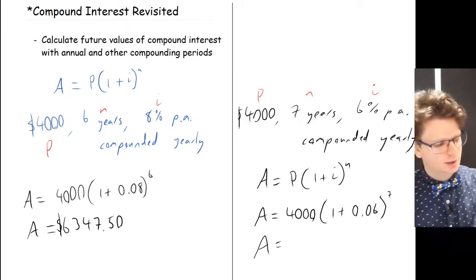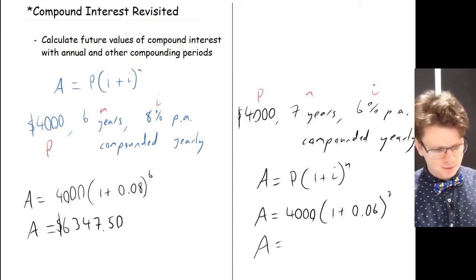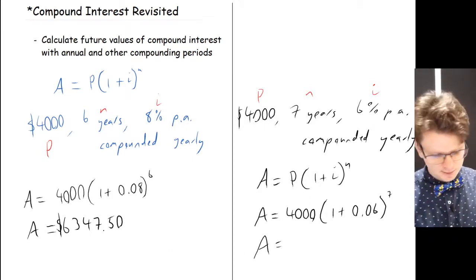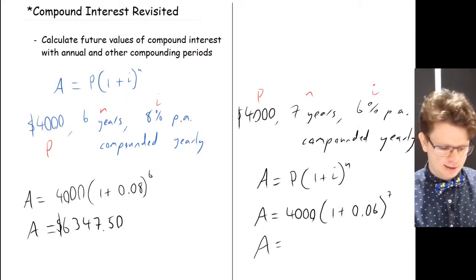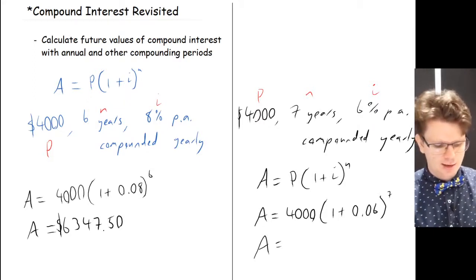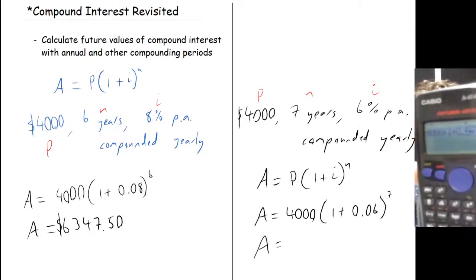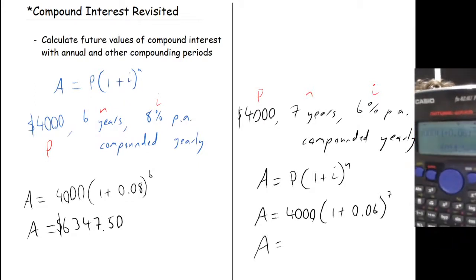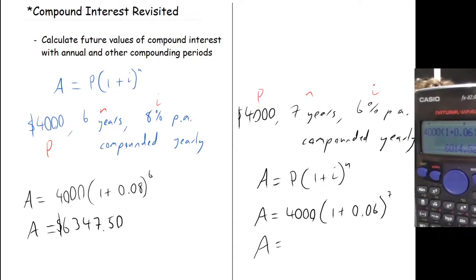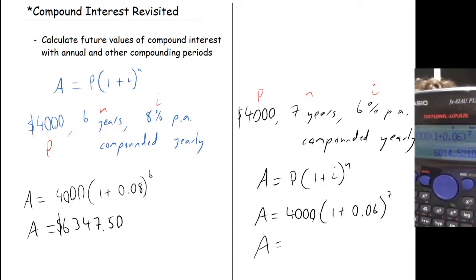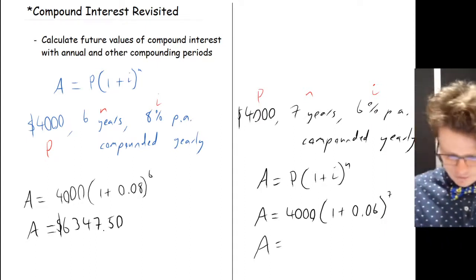Calculator. So all I've done is I've taken my basic formula, substituted in the values that I needed to, and now I have something that I can type directly into the calculator like so. Push equals. Make sure we get the same thing. So, $6,014.52.